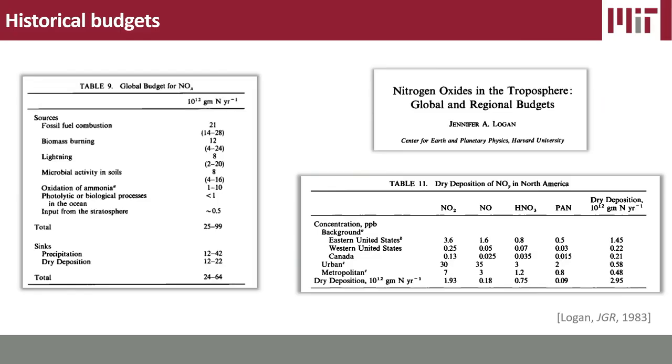Like there's fires, there's lightning, there's microbial activity in soils, and it's really cool to see this spelled out in a comprehensive way for the first time. On the right-hand side, I've put some dry deposition estimates, which are our physical losses, and I just note 4 key NOy species, so NO, NO2, which form NOx, and then 2 reservoir species in PAN and HNO3.